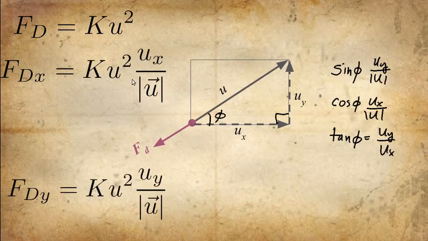Similarly, for f drag in the y direction, it's going to equal just magnitude now, k u squared times uy over the magnitude of u. And notice that uy over the magnitude of u is, again, sine of phi, where phi is this angle that we're using to reference the direction of both the velocity and, because we have our vertical angle over here, the direction of the drag force.